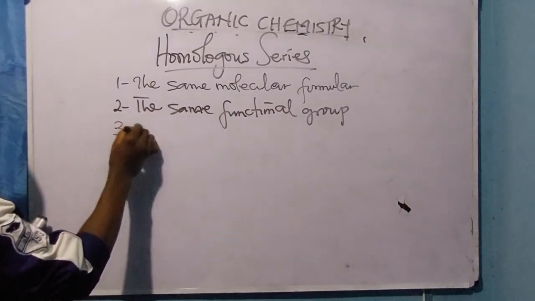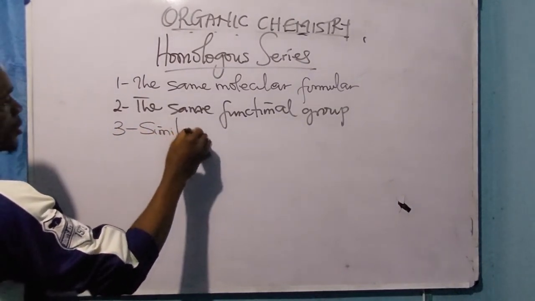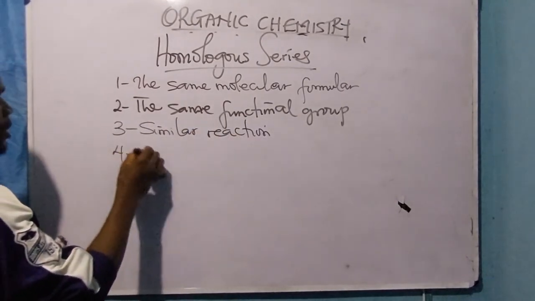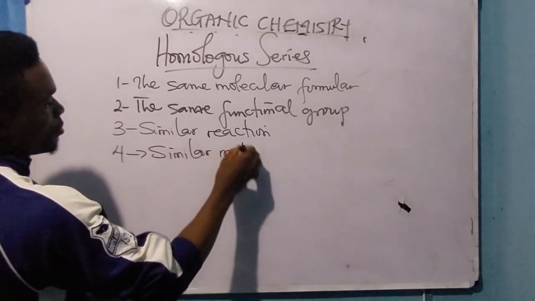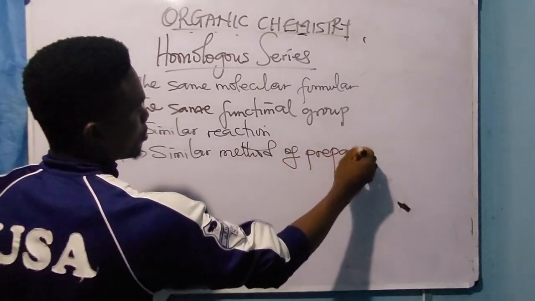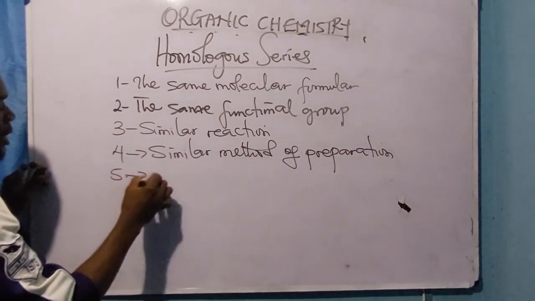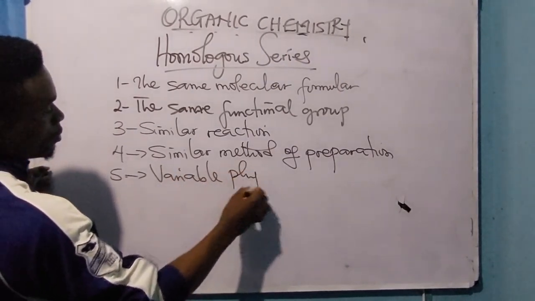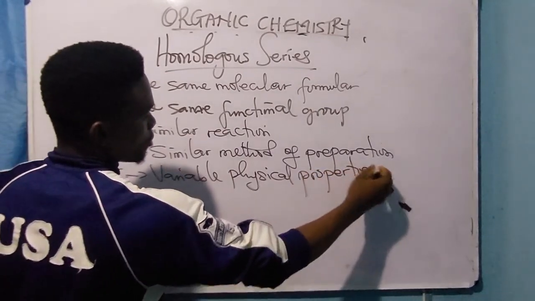Three, they undergo similar reactions. Four, they have similar methods of preparation. And five, they have variable physical properties.